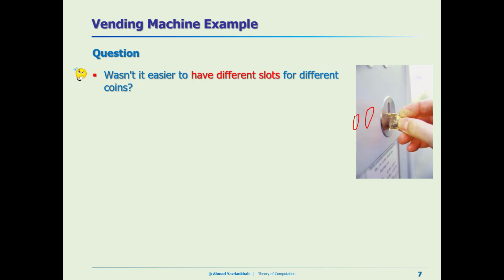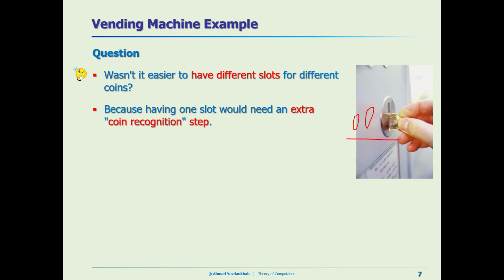Yeah, probably you are thinking that maybe that's not a bad idea, because behind the scenes the machine needs to recognize what kind of coin it is, right? So we have an extra process behind the scenes. So what would you say? Isn't it better to have different slots for the coins?